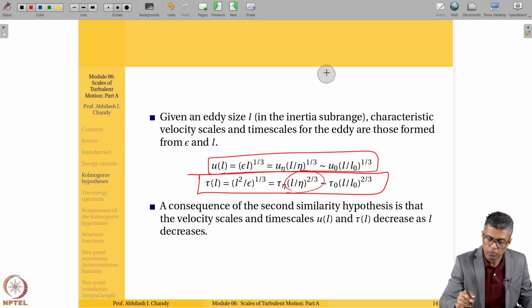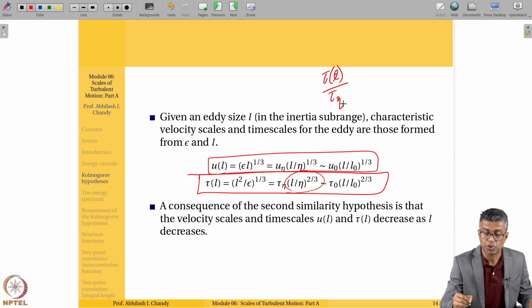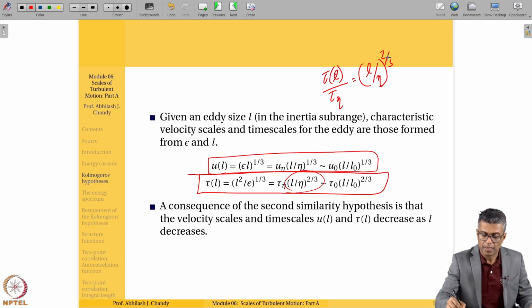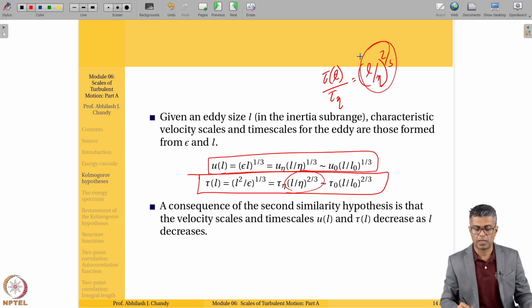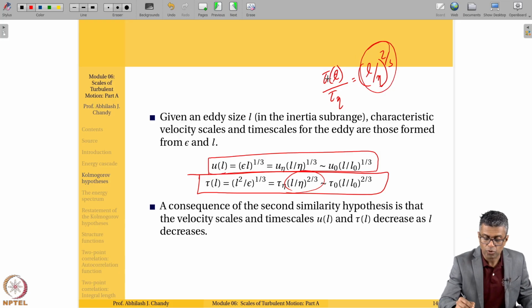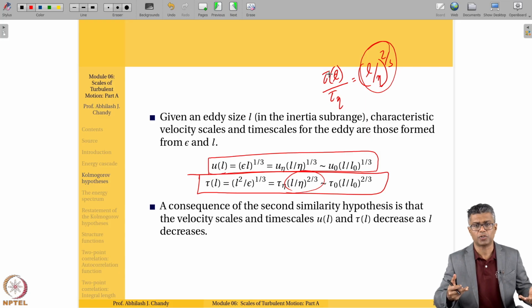If you take tau of L, the inertial subrange time scale, divided by tau eta, the Kolmogorov time scale, this is going to be (L over eta)^(2/3), isn't it? This is a number that is greater than 1 because L over eta is a larger number. Same goes for tau L over tau eta, or the inverse is true.